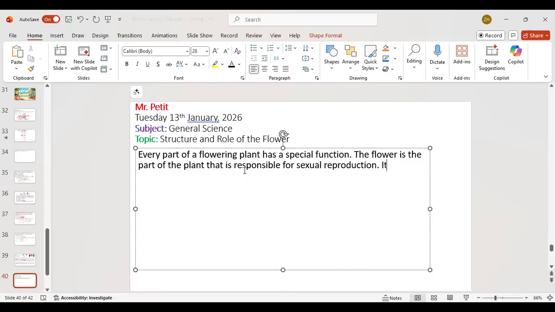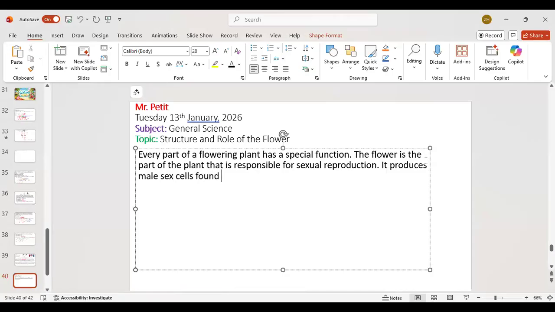The flower produces male, so it has the male part and the female part, right?